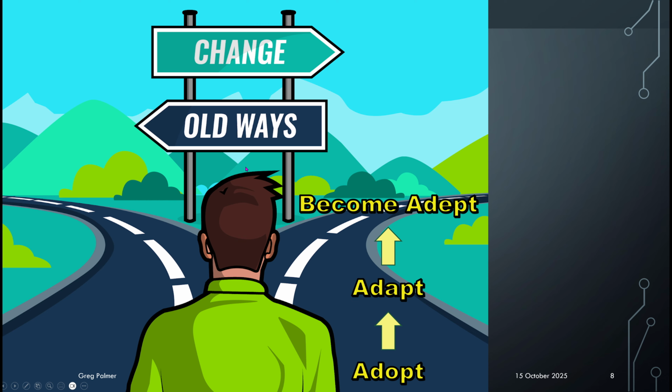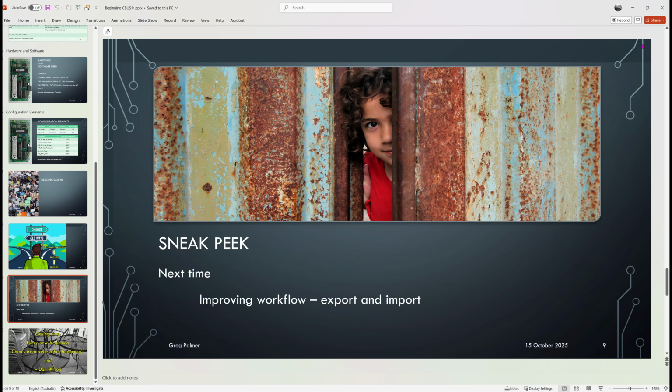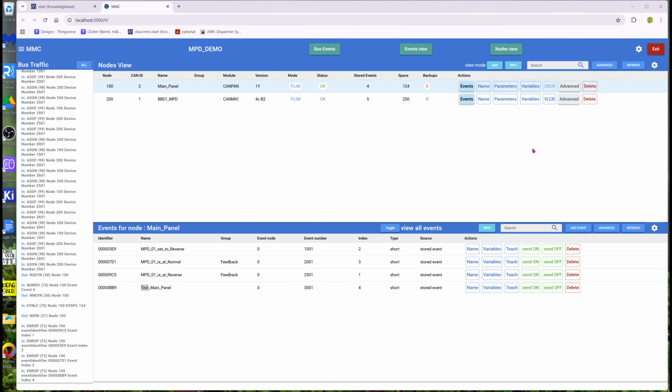There's a couple of things I still do need to show you. I touched on one before. I'll just escape out of this again, and I'll go back to MMC. If you remember way back, every change I made, it asked me, did I want to do a backup? And I didn't do any.